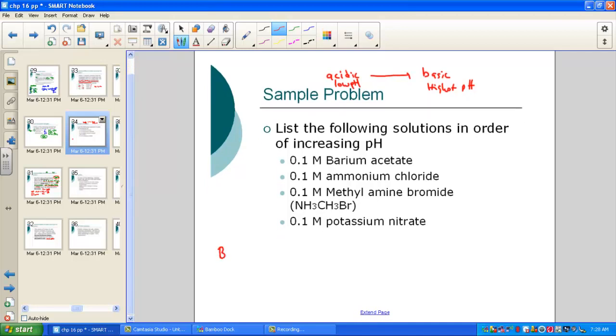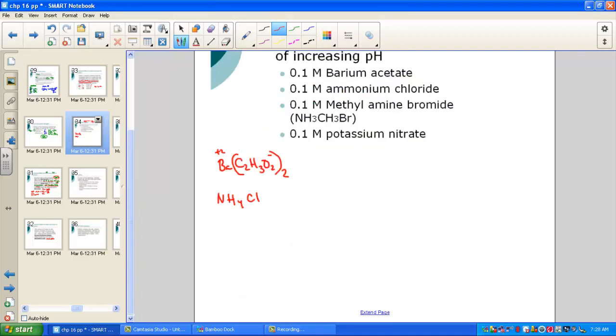Barium acetate: barium plus 2, acetate C2H3O2 negative. So we have Ba(C2H3O2) taken twice. We have ammonium chloride, NH4Cl.